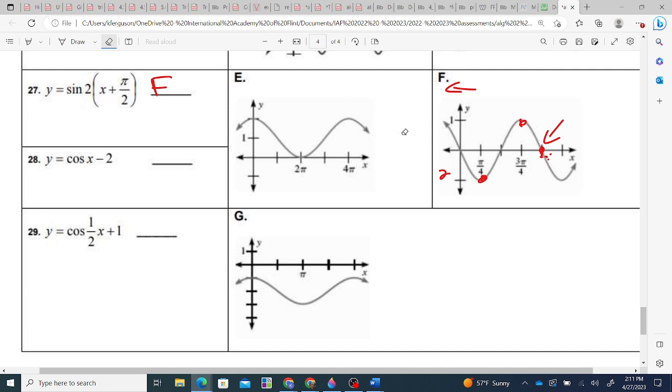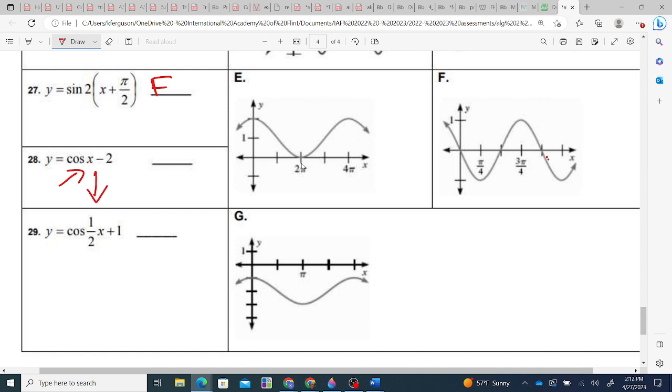Let's find out. So let's look at G and look at 28. So when I look at 28 and 29, they both got some kind of movement. But see, 28 has minus. Minus means it's moving down.